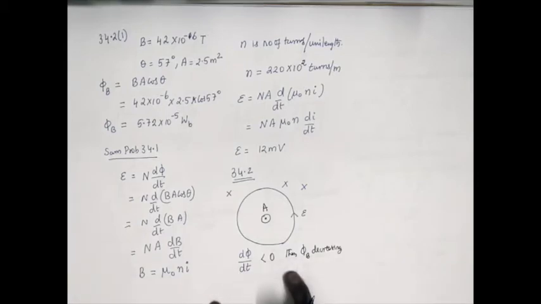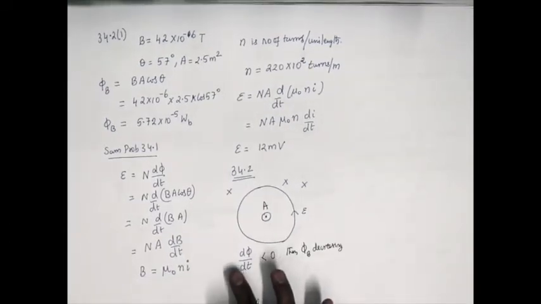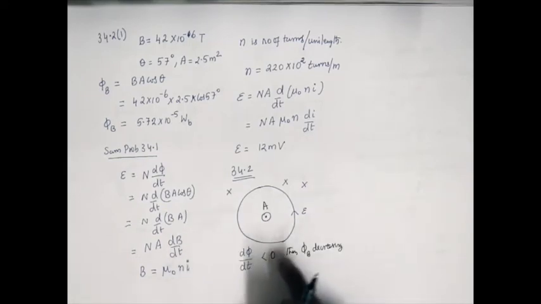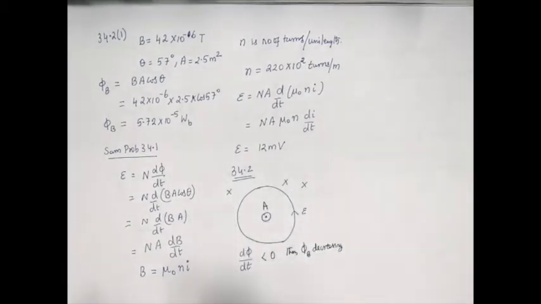If it is a decreasing function, then the induced EMF will be the negative of this decreasing function. Therefore, this is a minus, and there is a minus sign coming in from Lenz's law. Therefore, the direction of the EMF that you have assumed is correct.